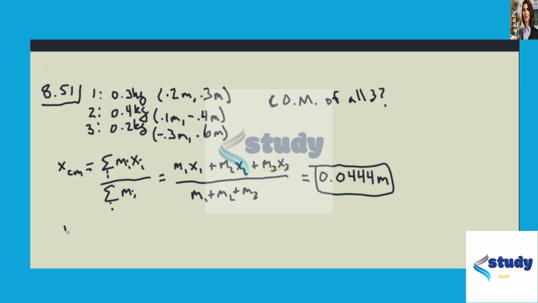Now the same thing applies to the y. Nothing is really different here. Imagine replacing the x with y in here and you get the same thing. So m1y1 plus m2y2 plus m3y3 divided by the same sum of the masses, because the masses we were weighting the average with were the same.